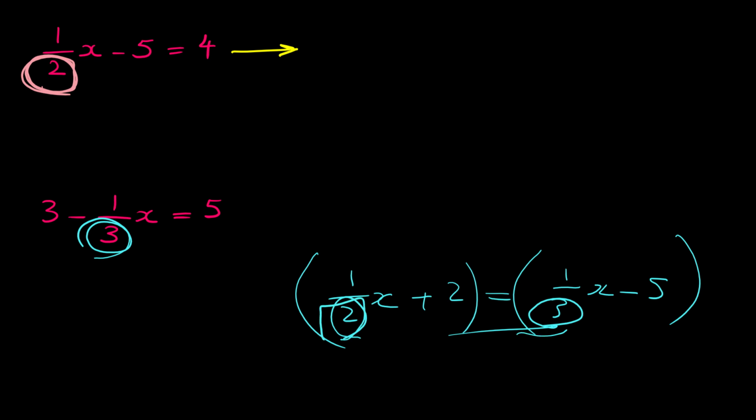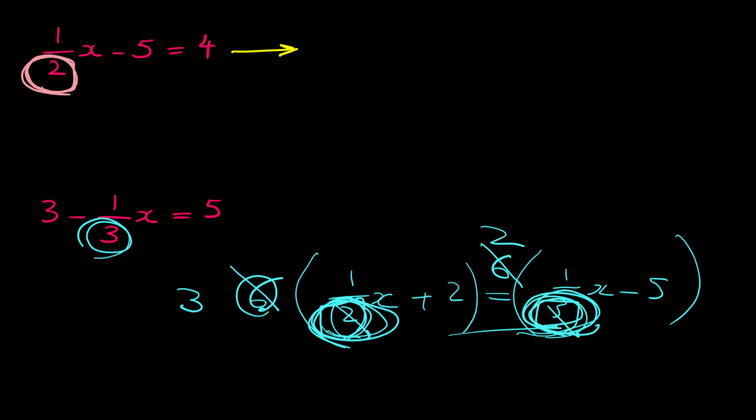But the numbers are different, so you have to find the least common multiple of these two. The number that can help us get rid of 2 and 3. What is that number? 6. 2 times 3, 6. Because 6 divided by 2 is 3. 6 divided by 3 is 2. So we can get rid of the denominators.